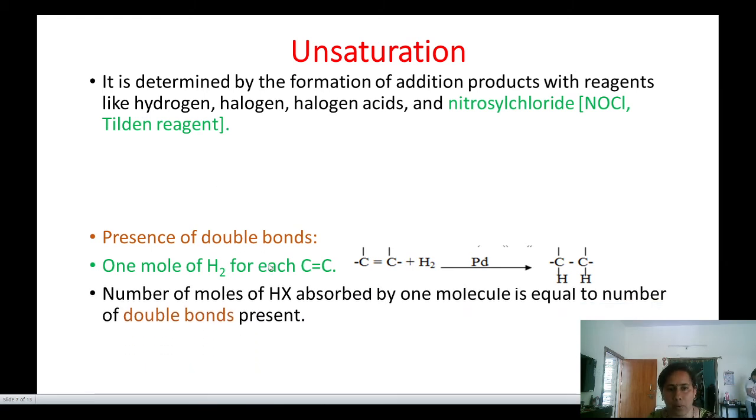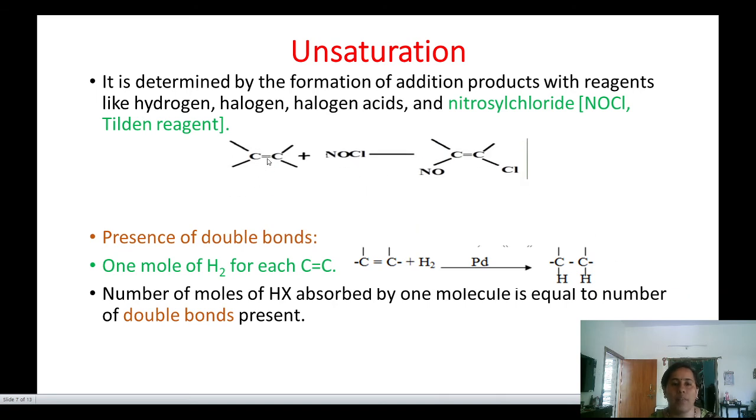Presence of double bonds: here, one mole of hydrogen is added for each carbon-carbon double bond. This is a formula because a compound containing an olefinic linkage, on hydrogenation, will give rise to a saturated structure.